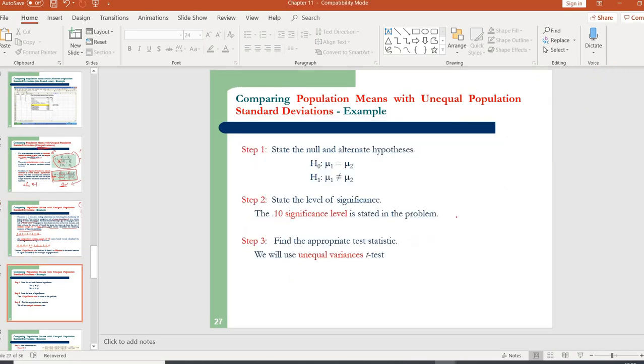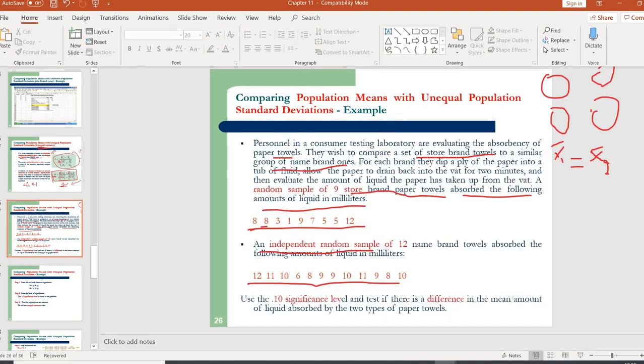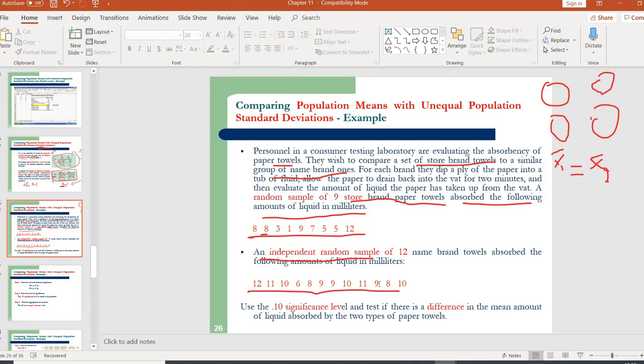In the first step, we will state our null hypothesis. Our null hypothesis H0 is that the mean in the first sample is equal to the mean in the second sample, and the alternative is that the 2 means are different. The level of significance is 10%, given in the problem. And to find the appropriate test statistic, we need first to assess whether these two samples have equal or unequal variances.